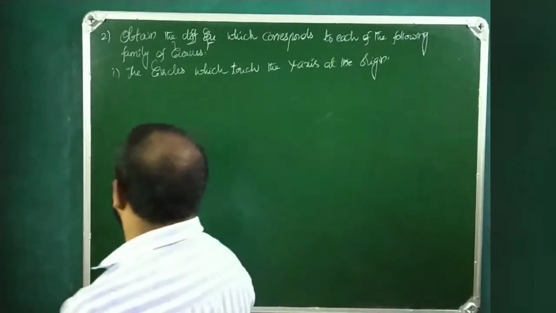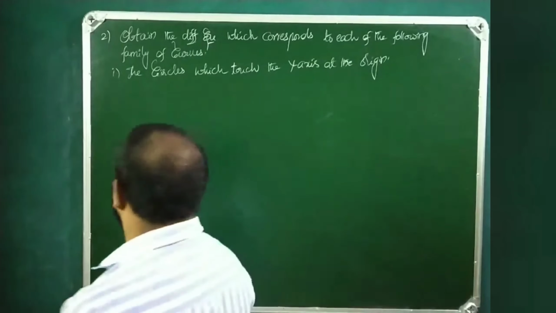Actually, as far as the last problems are concerned, this equation was given directly, but here we had to obtain the equation from the given data. So now g is the only parameter, so we need to differentiate once and eliminate g by suitable substitutions.